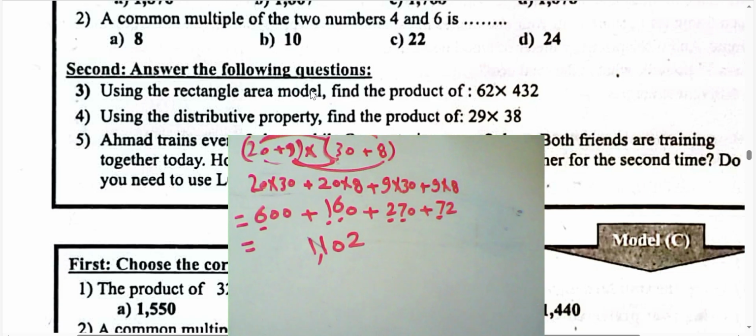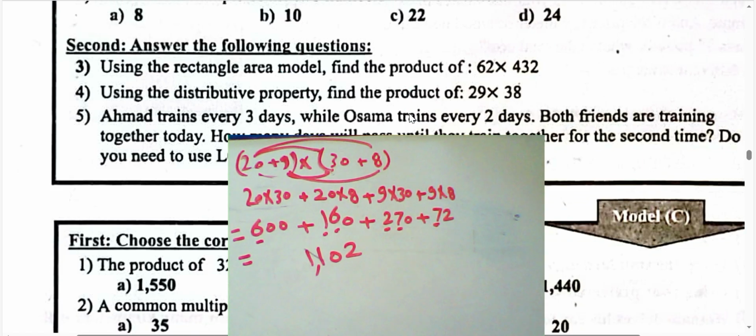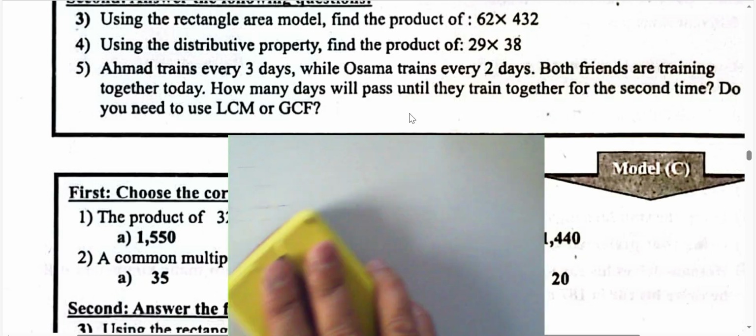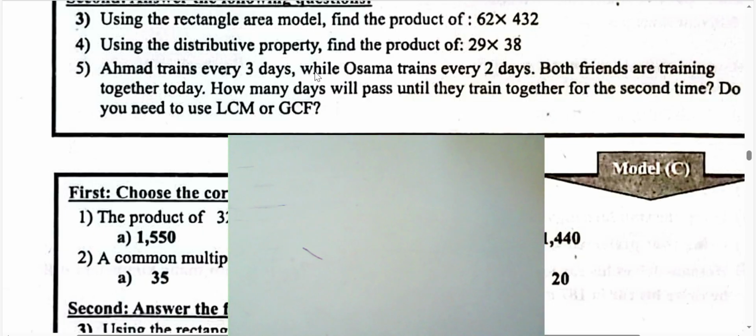Next question, number 5. Ahmed trains every 3 days, while Osama trains every 2 days. Both friends are training together today. How many days will pass until they train together for the second time? Do you need to use least common multiple or greatest common factor?